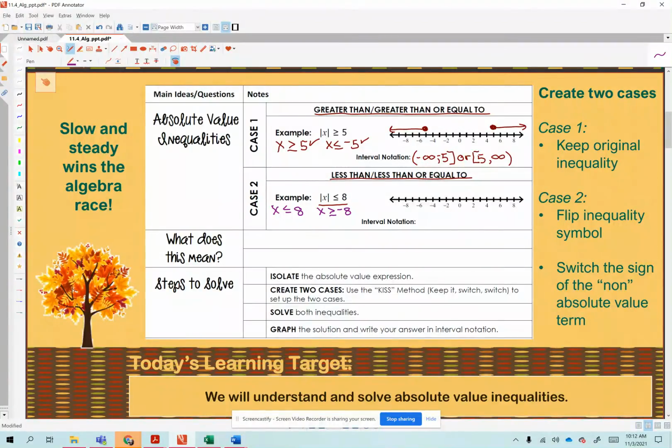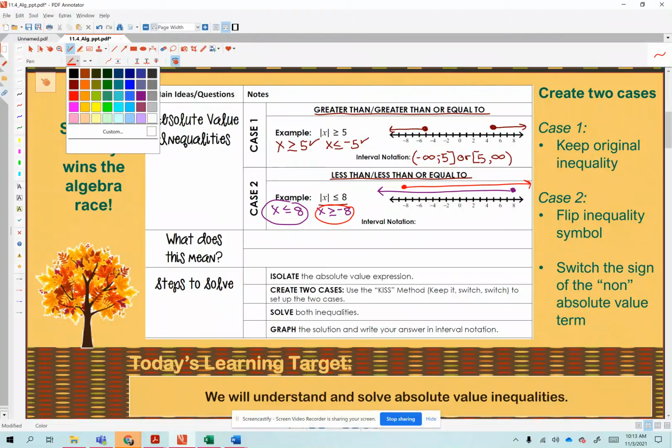If x is less than or equal to 8, we've got a solid dot on 8, and our graph extends to the left. For x is greater than or equal to negative 8, we have a solid dot on negative 8, and our graph extends to the right.